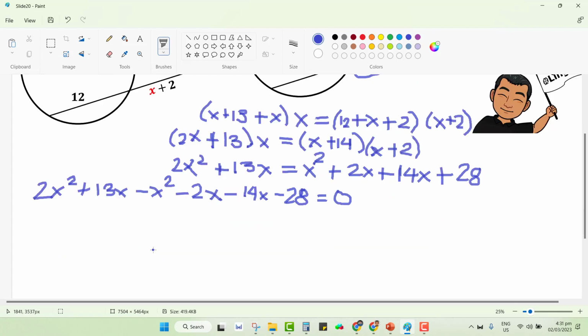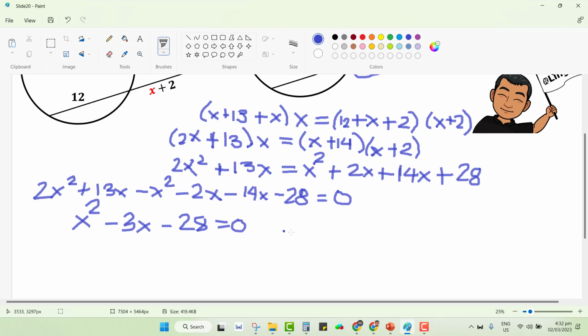So let's try to simplify this. 2x squared minus x squared is simply x squared. 13 minus 2 is 11, minus 14, so you will have minus 3x. Again, let's check: 13x minus 16x, so negative 3x. And you have here minus 28 equal to 0.